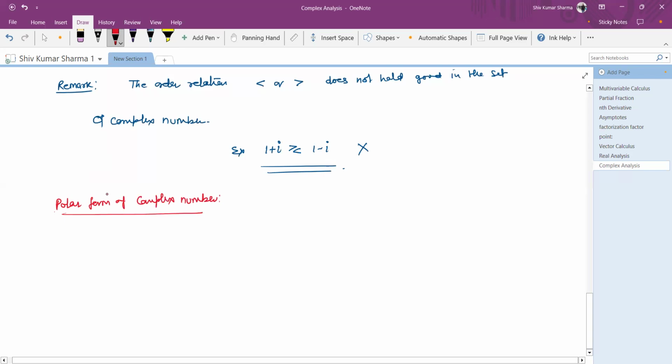So for converting to the polar form, we take a point z, z in the ordered pair of xy.